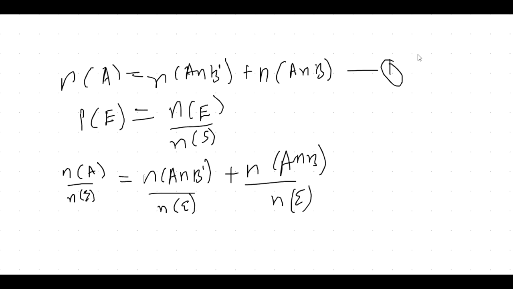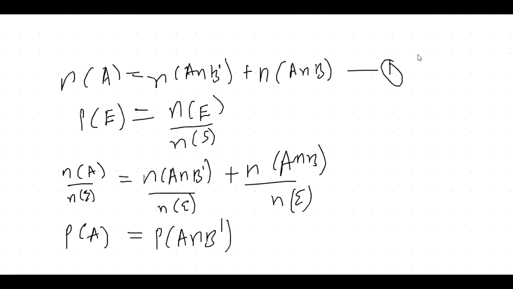From our definition of probability of E, which is number of E divided by number of the sample space, number of A divided by number of the universal set gives us probability of A. This is equal to number of A intersection B complement divided by number of the universal, which gives us probability of A intersection B complement.